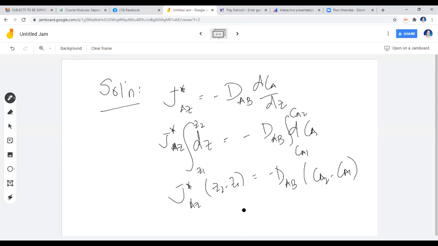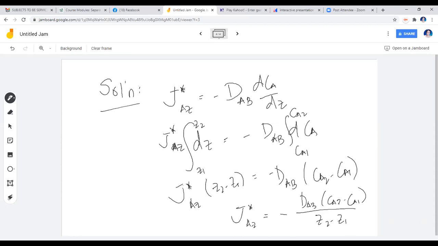We might as well write a formula that will solve for the flux of helium to nitrogen: negative molar diffusivity multiplied by the difference in concentration over the distance from point 1 to point 2. So this is our formula now.